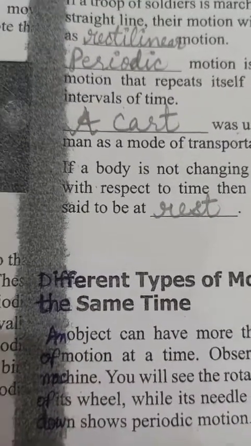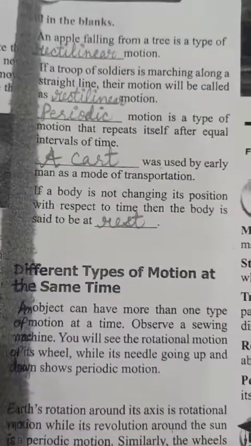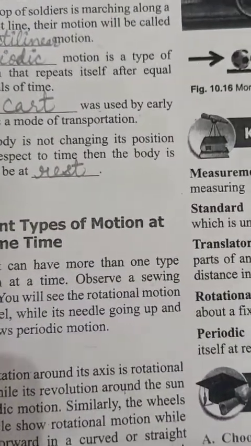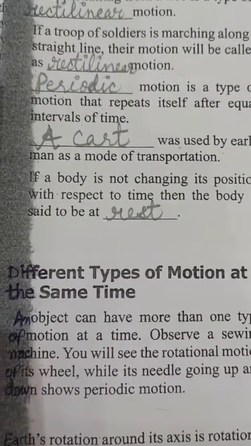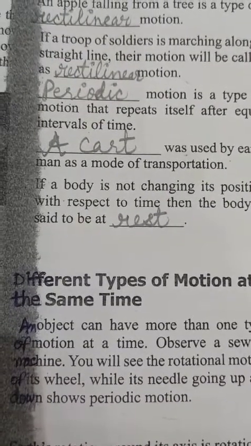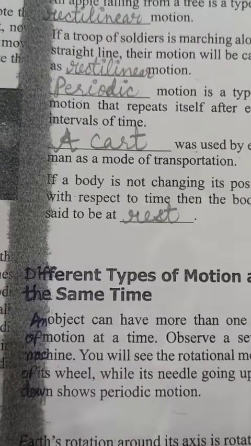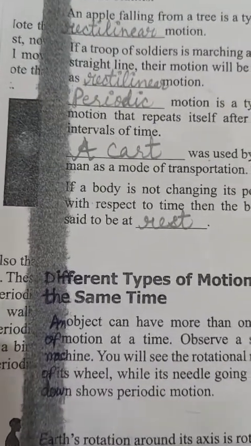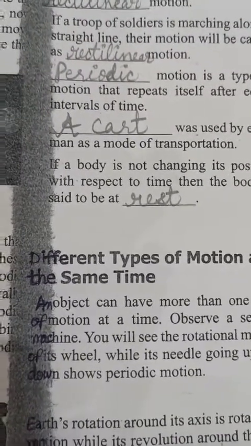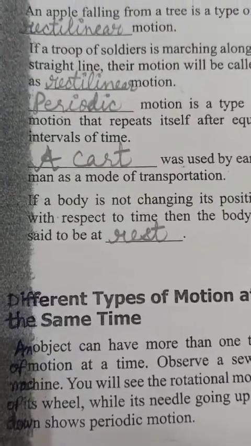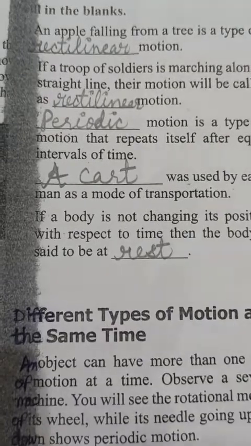Okay, children, in this chapter I have explained each and every term and every topic also. If you find any problem in this chapter, you can ask me during the doubt session, and read the full chapter properly. Every topic you thoroughly read and compare all these kinds of motion with one another, so that you can understand better.